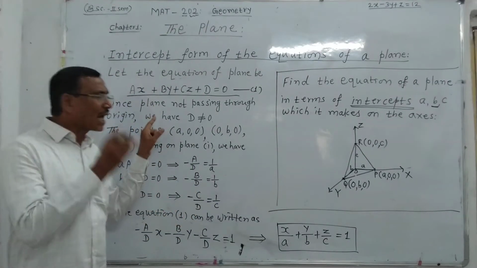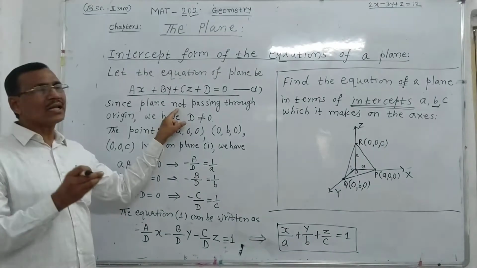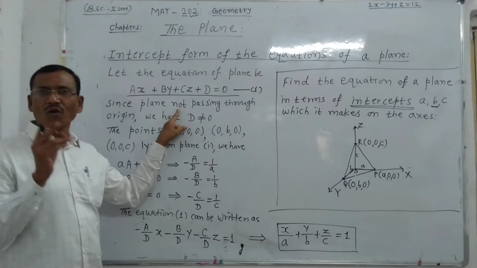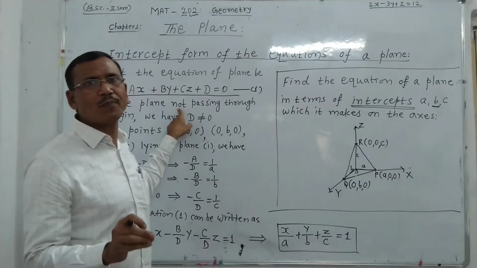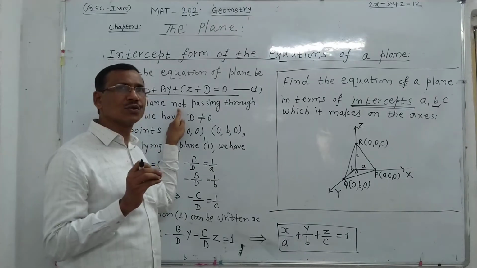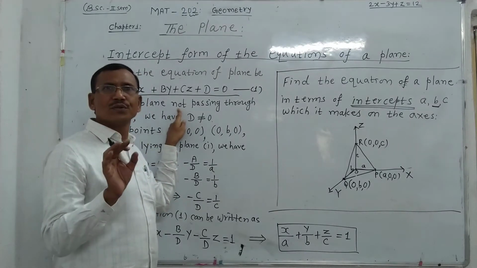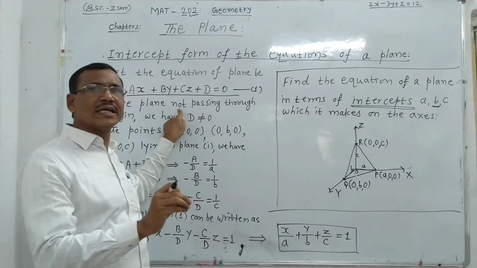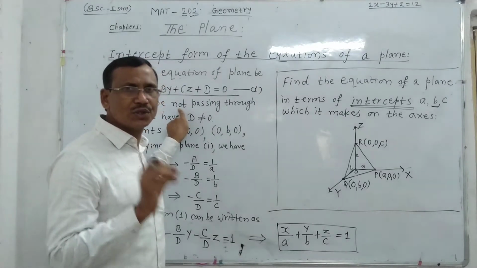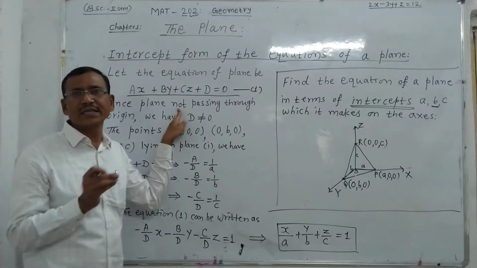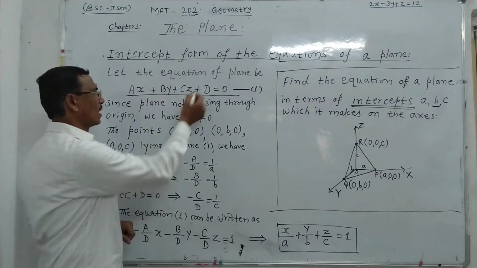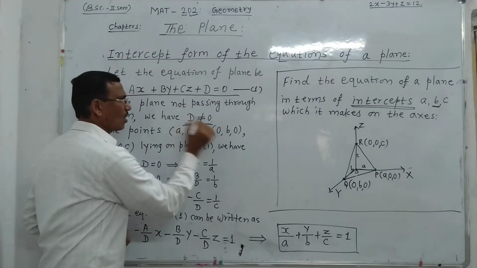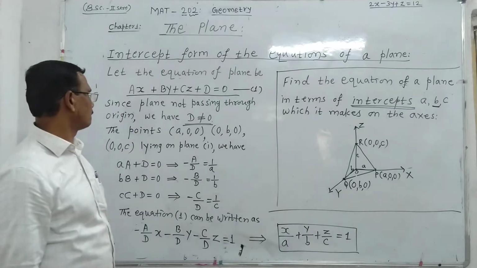The plane does not pass through the origin, and therefore the constant term d is not equal to 0. If it passed through the origin, the constant term would be 0.